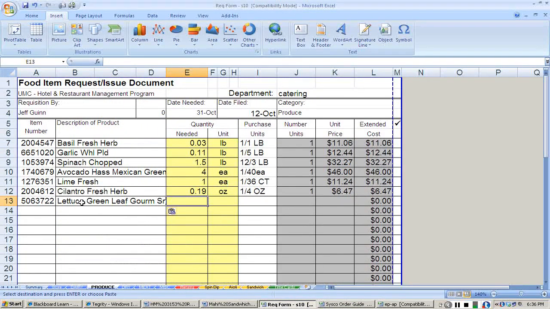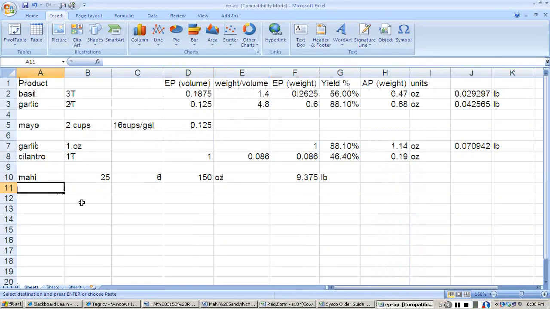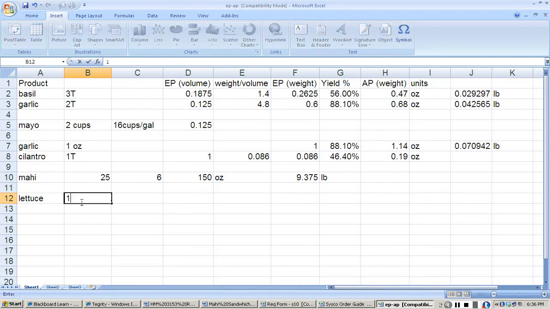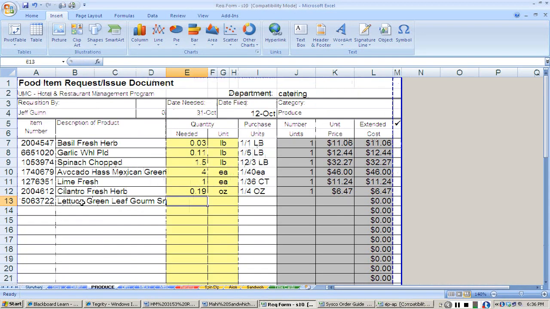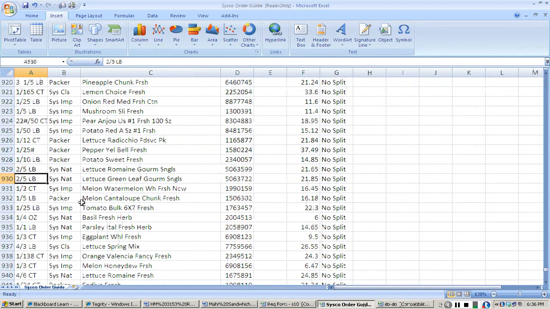Alright, so we need 1 pound, 9 ounces. So lettuce, we need 1 pound, 9 ounces. We're buying it in pounds, so we didn't quite get to that point yet. But, 2 5-pound bags.